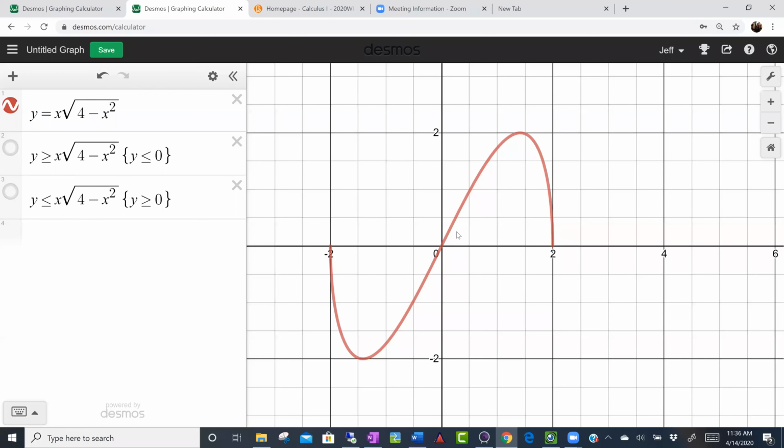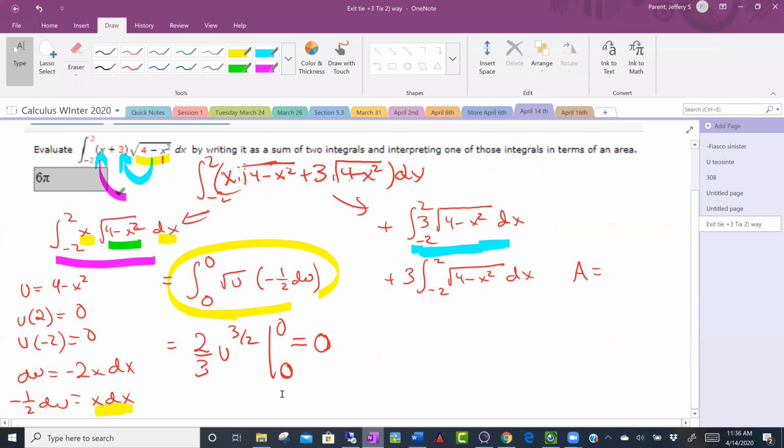And adding those two together, they're going to add to 0. So the moral is if you ever see an odd function integrated over a symmetric interval like -2 to 2, you're going to get 0.